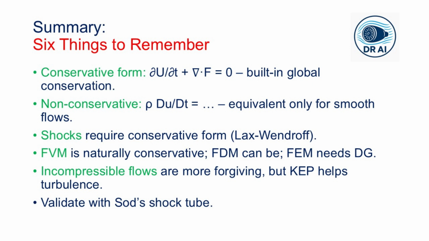Finite difference can be made conservative, but traditional finite element is not conservative at all. Discontinuous Galerkin is conservative. Lastly, we must be aware of the pitfalls: drifting totals, wrong shock speeds, and spurious oscillations. Use the Sod shock tube test to validate your scheme.